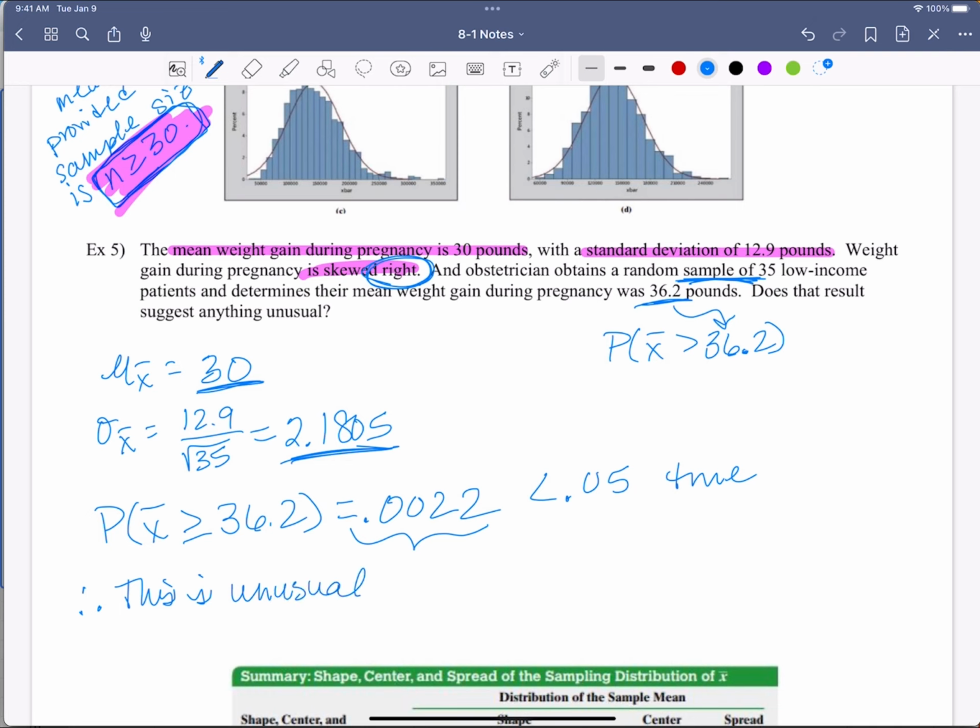And now, they like to go through and state it in terms of numbers. So this is unusual because 2 out of 1,000 would have this amount of weight gain.